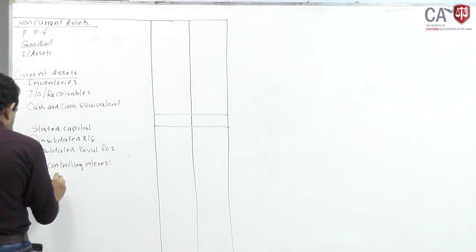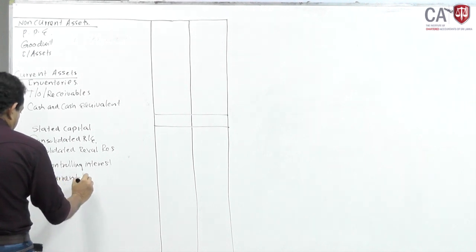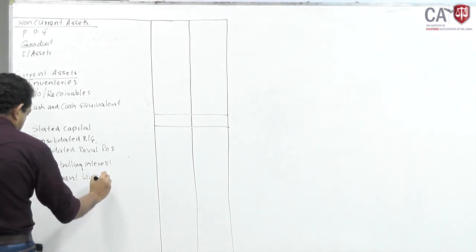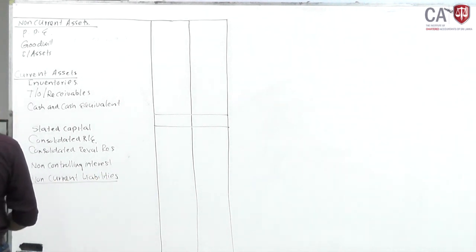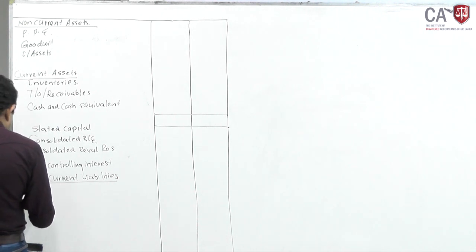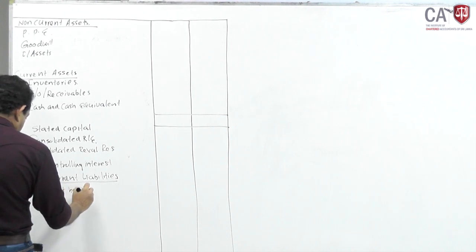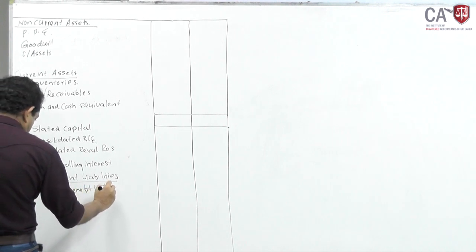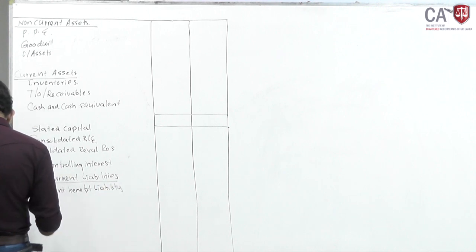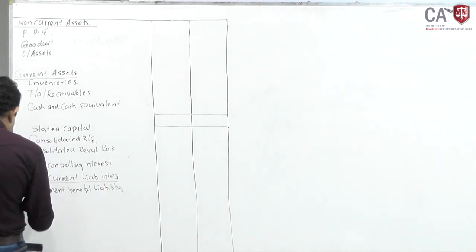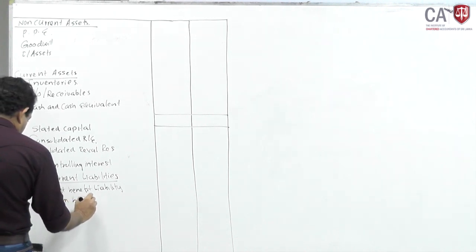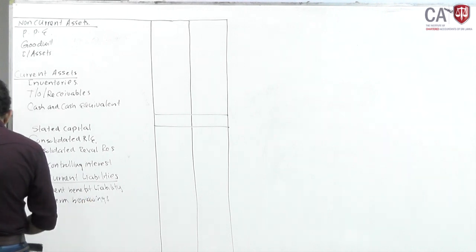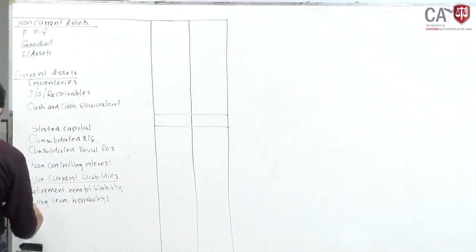Non-current liabilities: retirement benefit liability, long-term borrowings, other non-current liabilities.